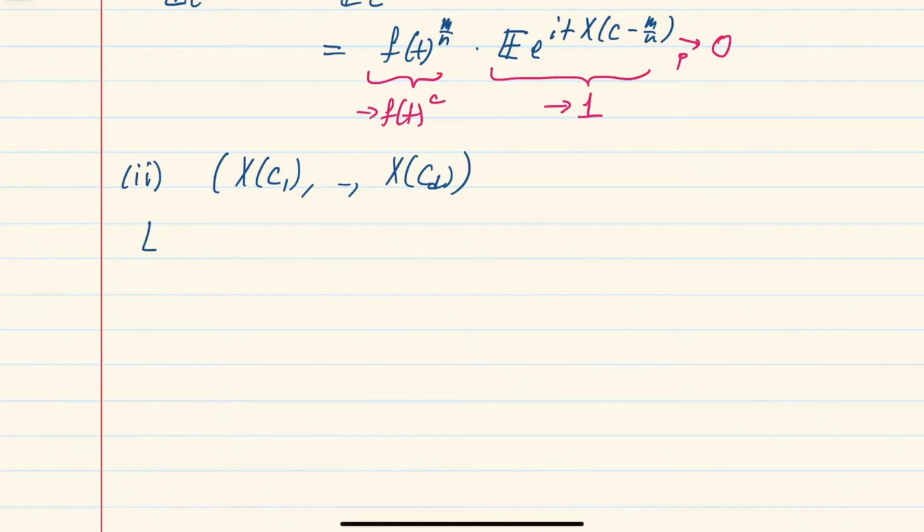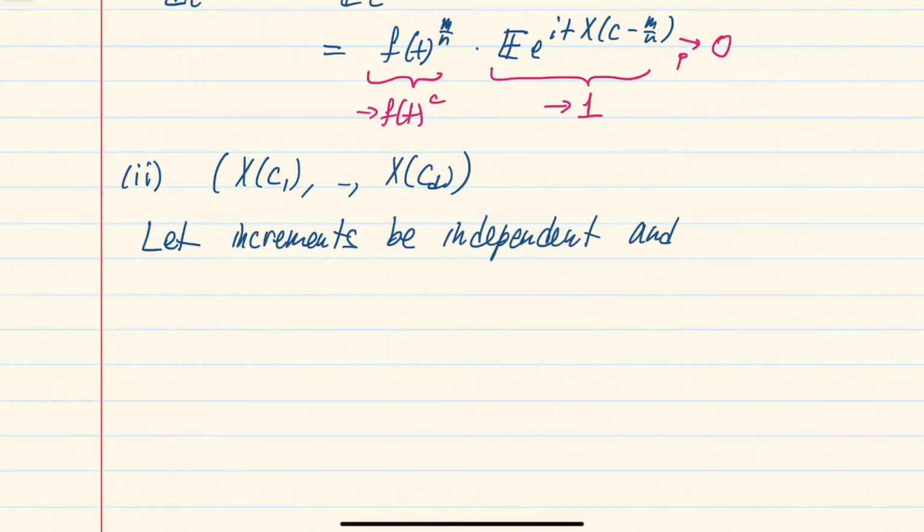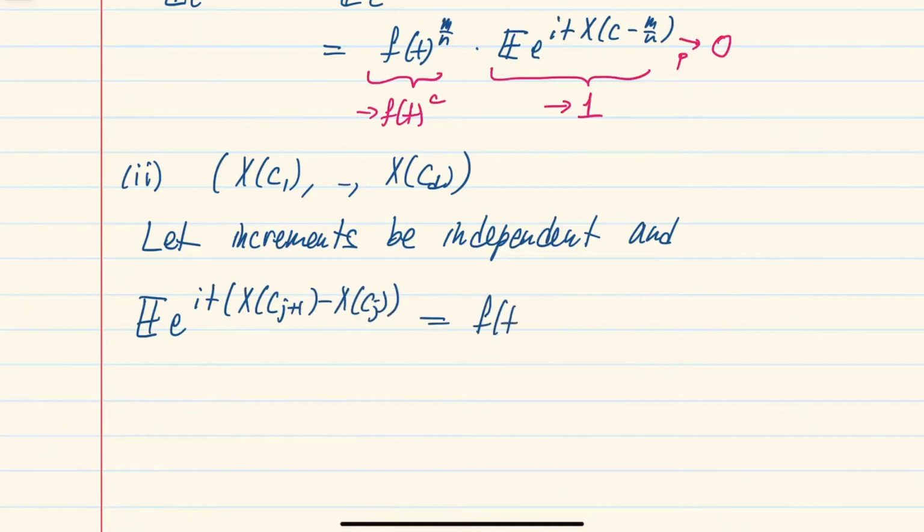So in other words, let increments be independent, and let the distribution of the increment be defined by this characteristic function given by this function f of t that we are given here to the power of the increment of this parameter c.